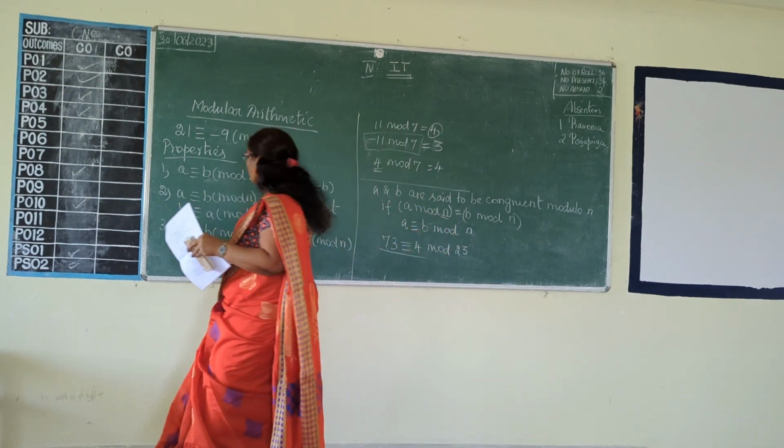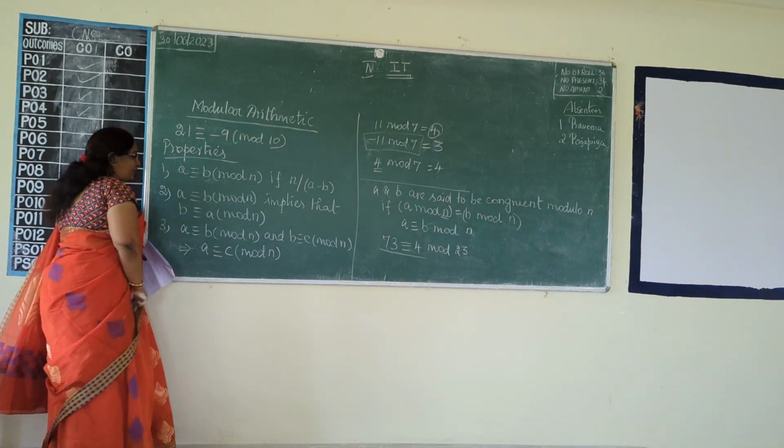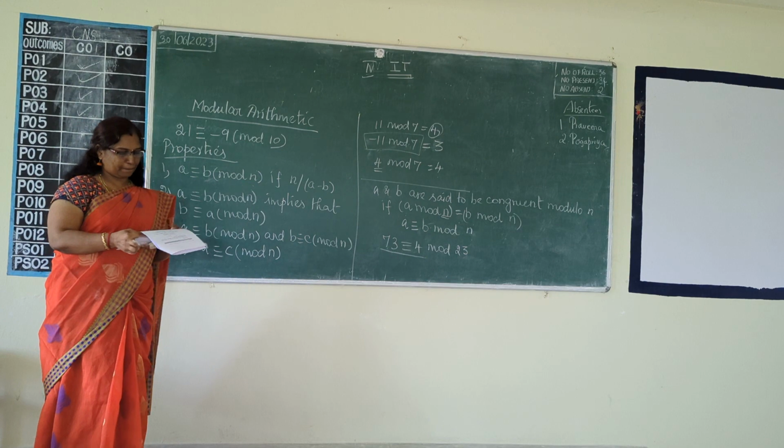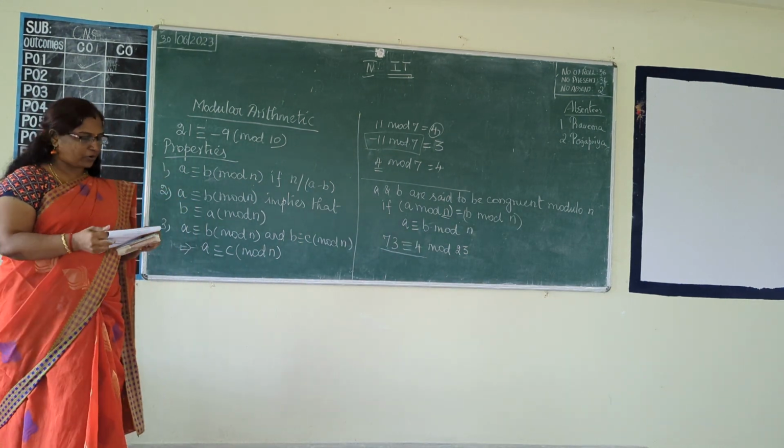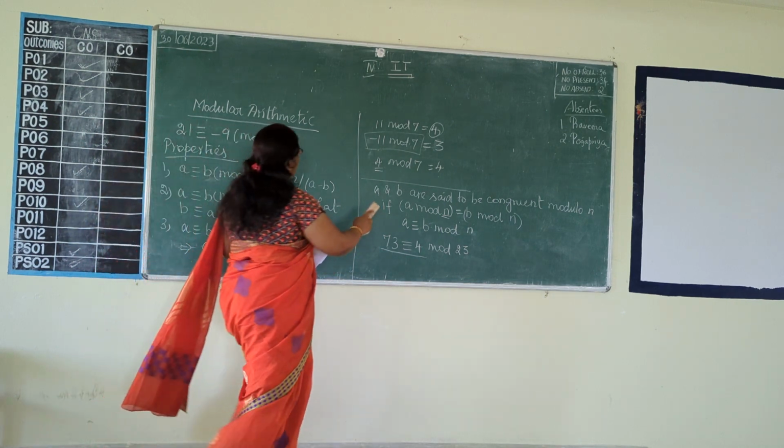Vice versa, we can also write C is congruent to A mod n. These are the three very important properties about congruences.